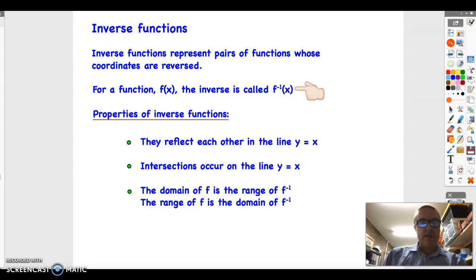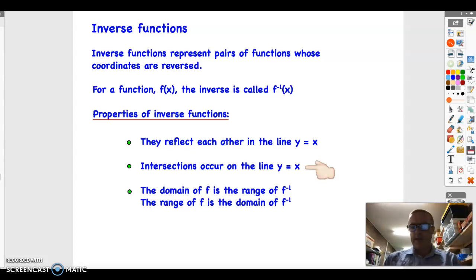Inverse functions have particular properties. As we've already seen with our first example, they reflect each other in the line y equals x. This also means that if a function overlaps its inverse function and they intersect, those intersections are going to occur on the line y equals x.